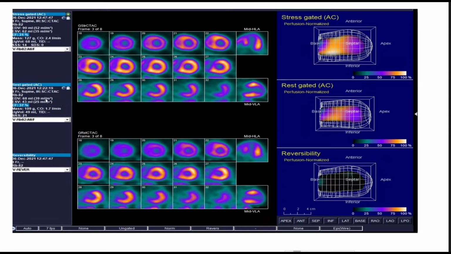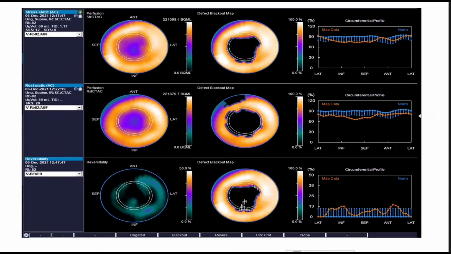Her EF drops. It starts at 37 and it goes down to 31 with stress, so that's abnormal. Because with any exertion, what should your EF do? I'll give you a hint, it should go up.